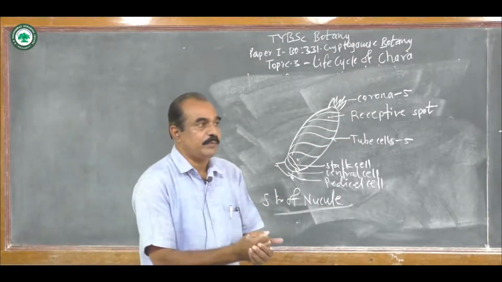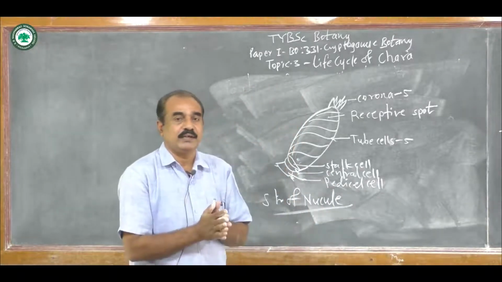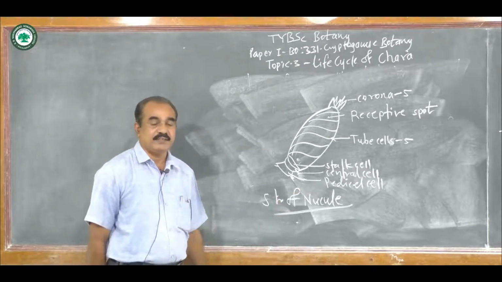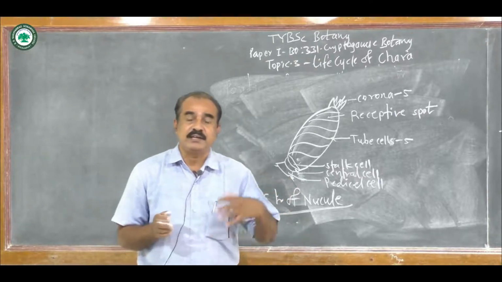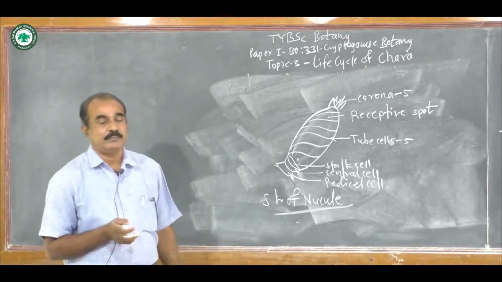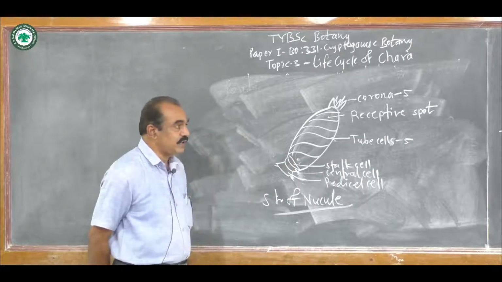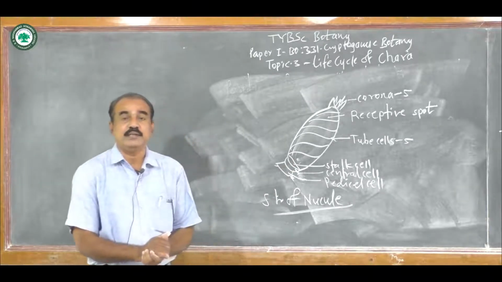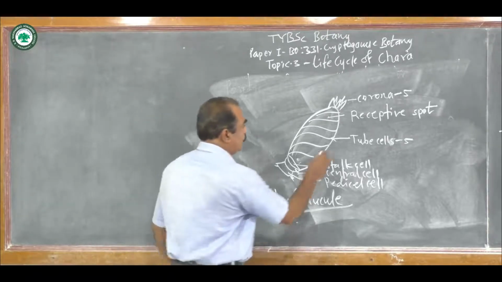They are also developed on the nodal region of a primary lateral and in the axil of the secondary lateral. They also develop a small cell which is called the pedicel cell. This pedicel cell is attached to the nodal region of the primary lateral, and above this there is another cell which is called the central cell, and above the central cell there is the stalk, and above the stalk there is a very large oval structure which is called the egg proper or the ovum.